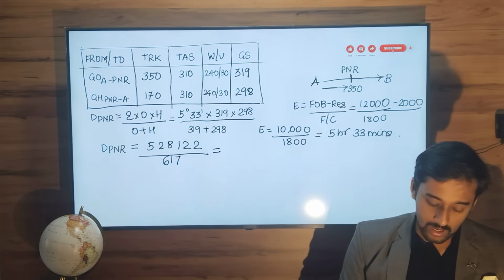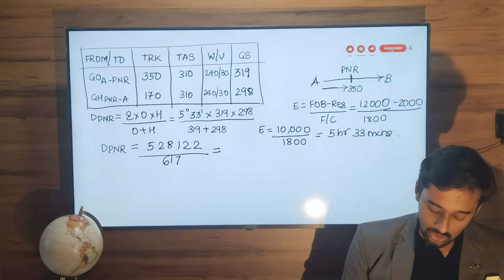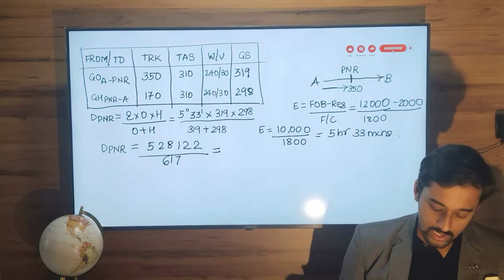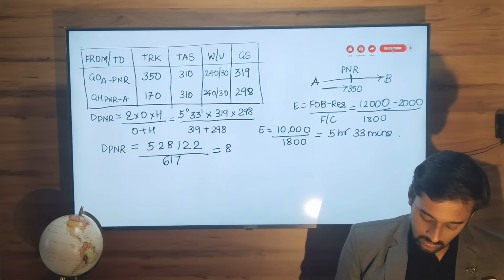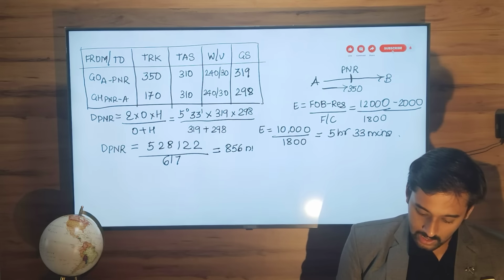So distance to PNR will be 528,122 divided by 617, which is 886 nautical miles.